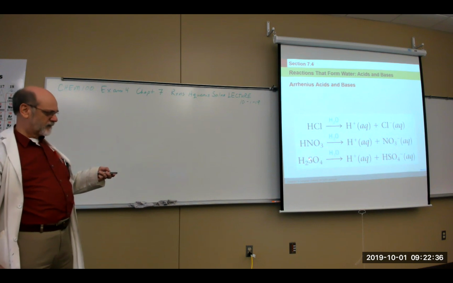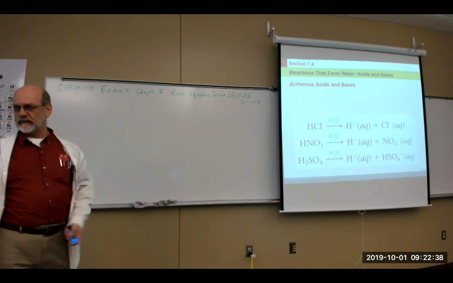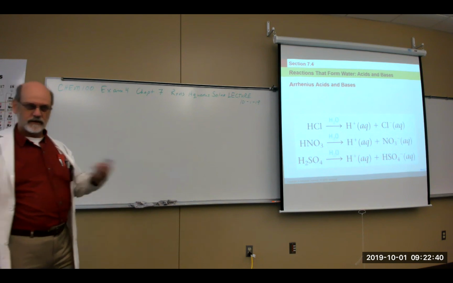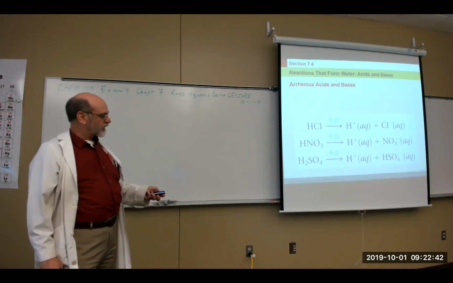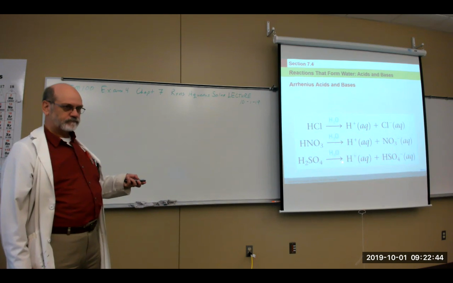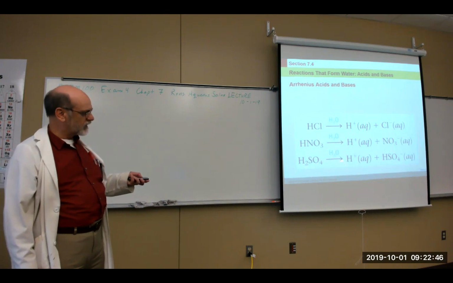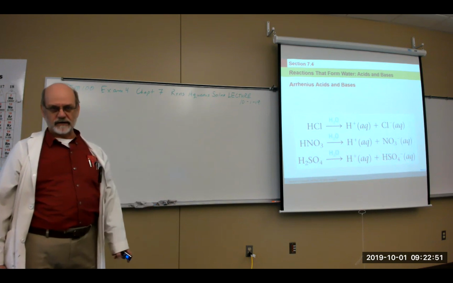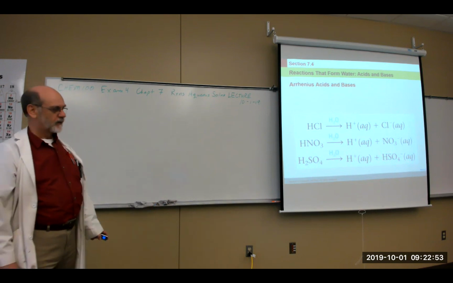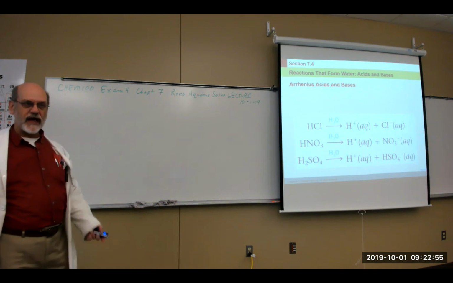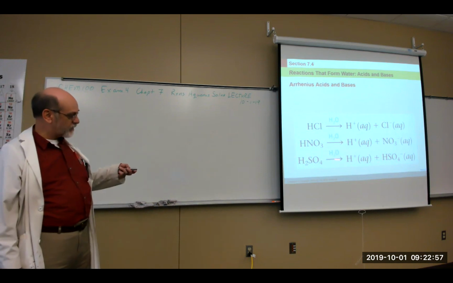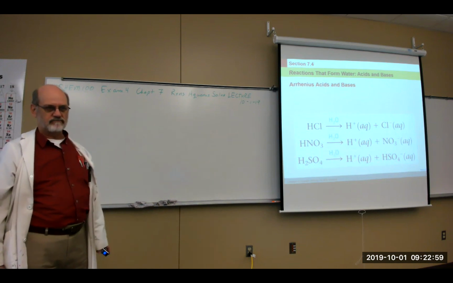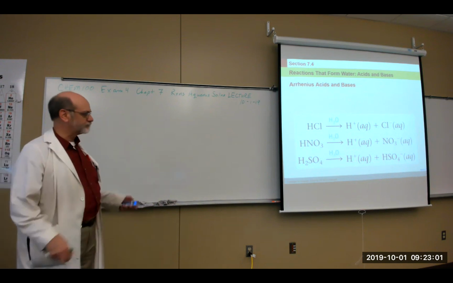Sulfuric acid is diprotic. It has 2 acidic protons, but only the first one is strong. So when you put it in solution, you get one proton plus the hydrogen sulfate ion. Right? But it's still considered a strong acid because this step is complete dissociation. Okay?